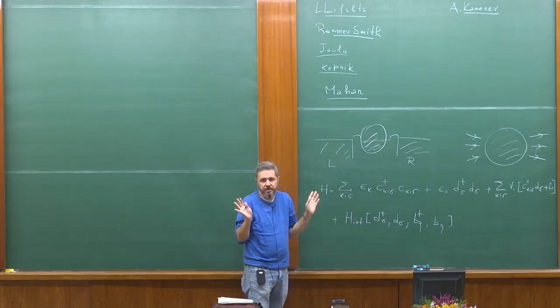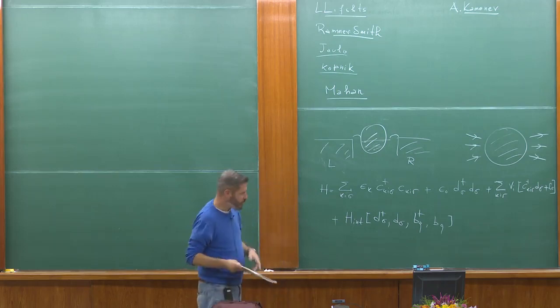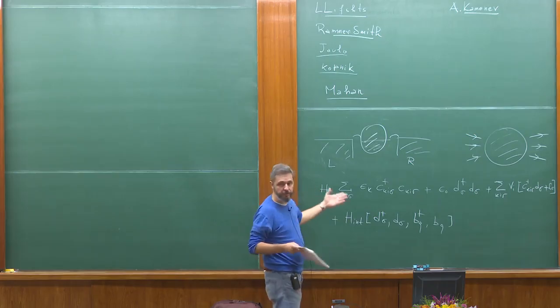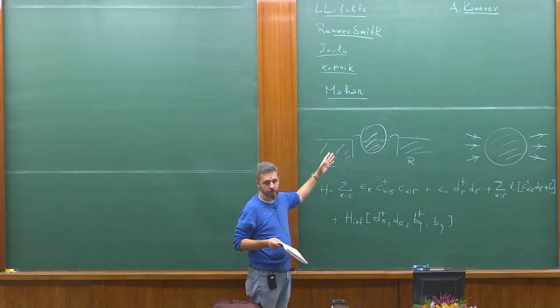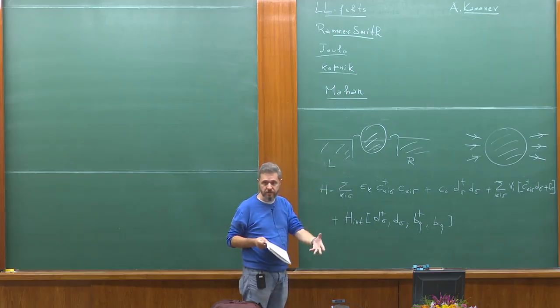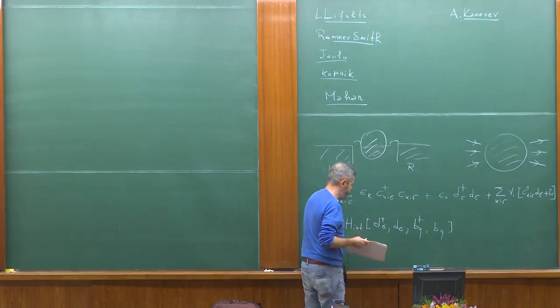And that's it. So it's not only theoretically advantageous for me, but it's also meaningful physically. And actually, you can use what I'm going to tell you to make predictions about transport problems in mesoscopic systems.